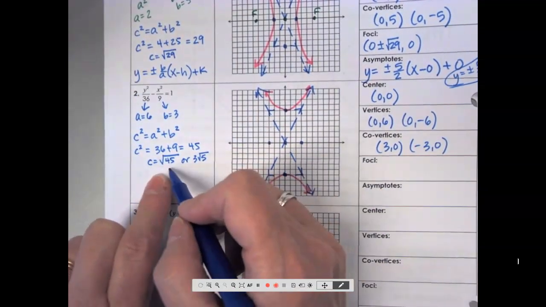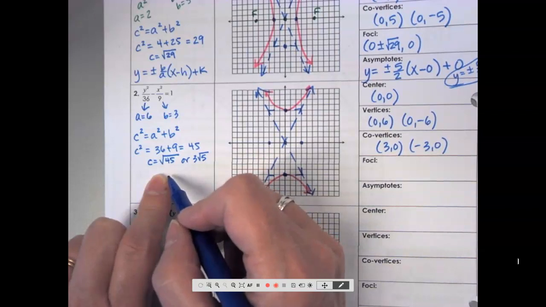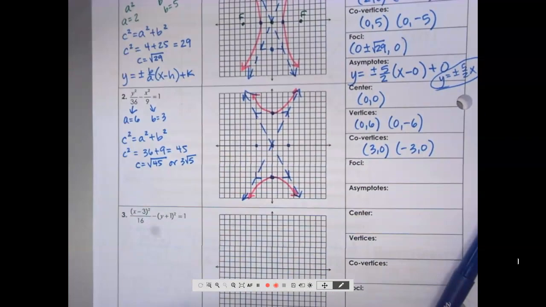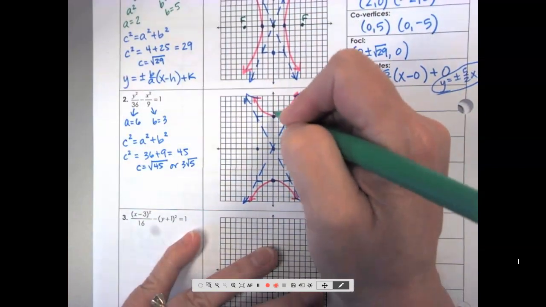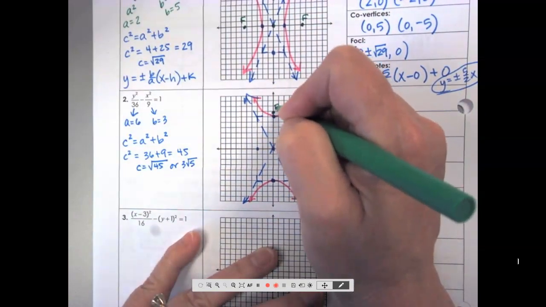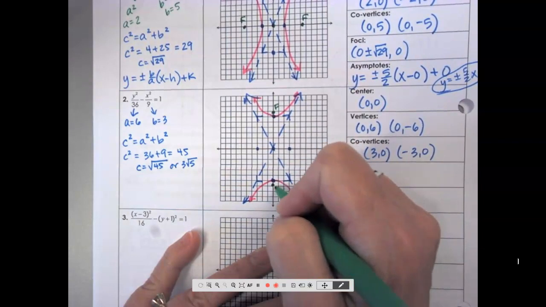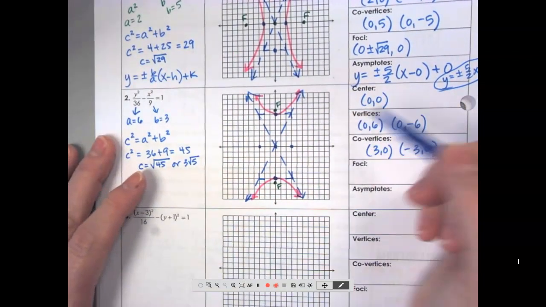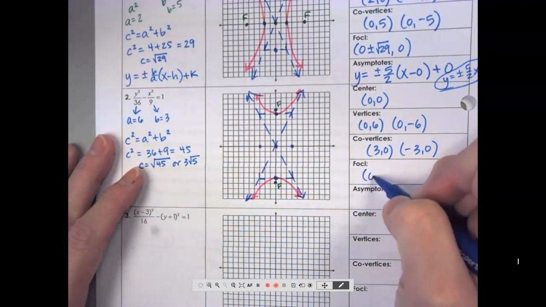Okay, so square root of 45 is more than what? More than 6. So let's go a little more than 6. And a little more than 6 inside the curves. And that's the location of each focus. Now, what's that ordered pair? Well, we started at the center.